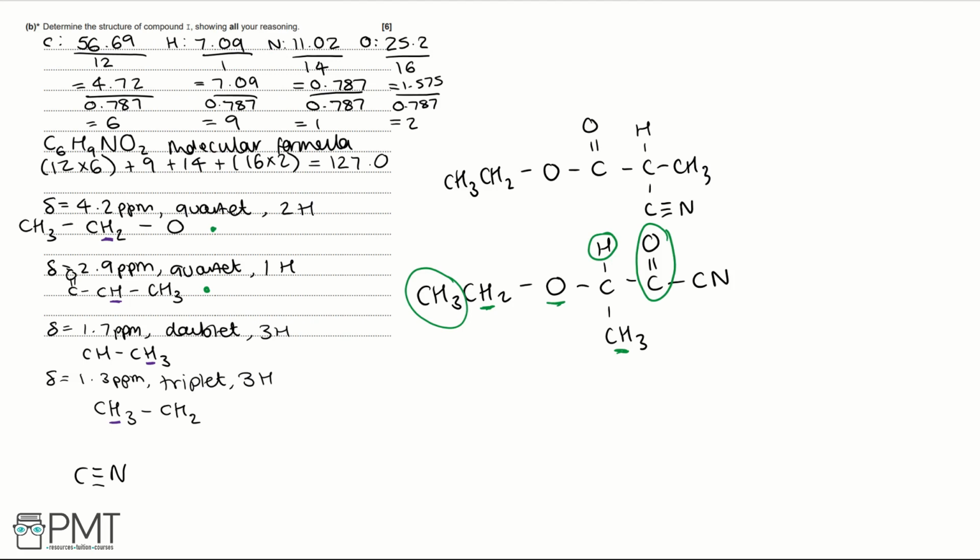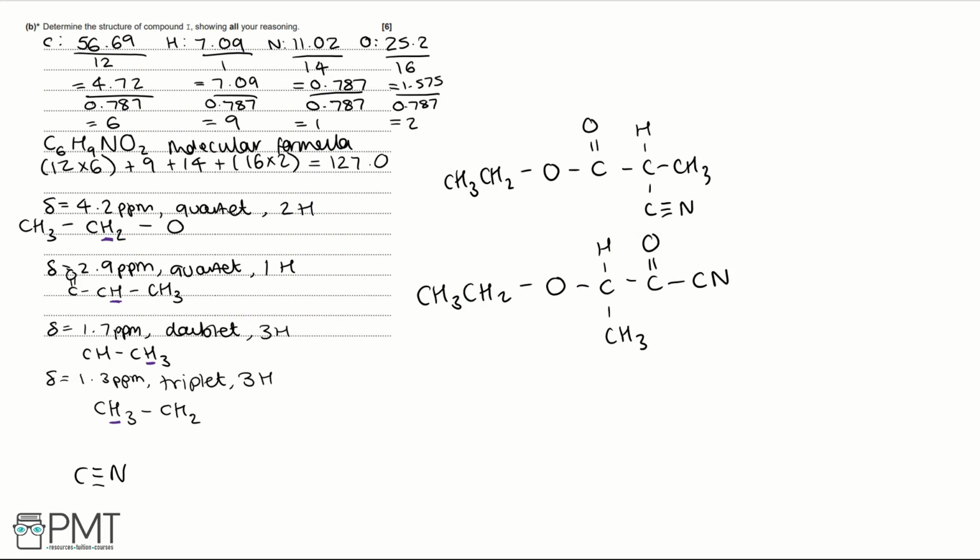The 2 alkyl groups are also represented. We have our first one here, and then we have our last one here, where we have the CH3CH2, and then we have our CH3. So again, this is another possible structure that we could have for this question.